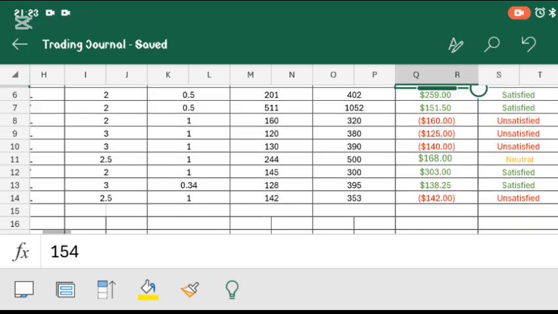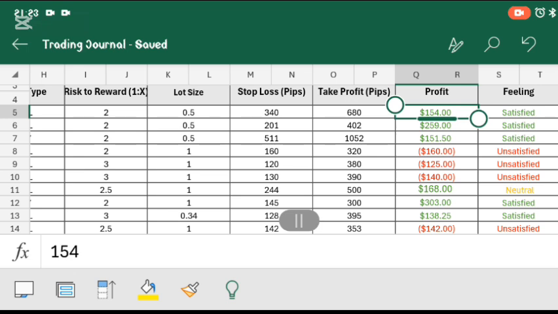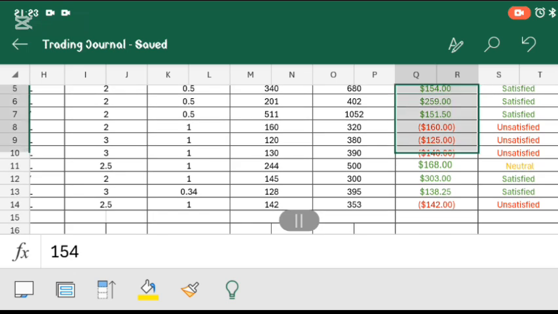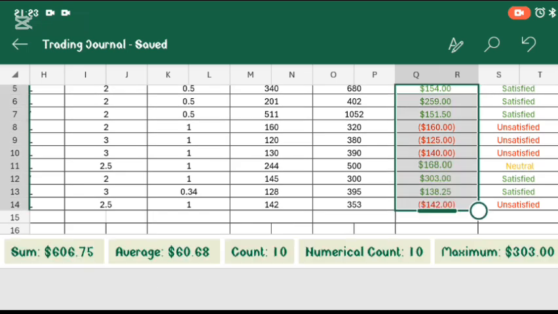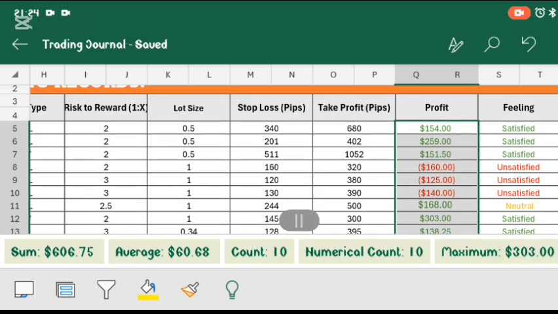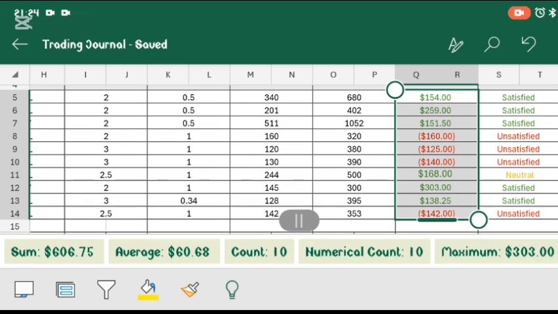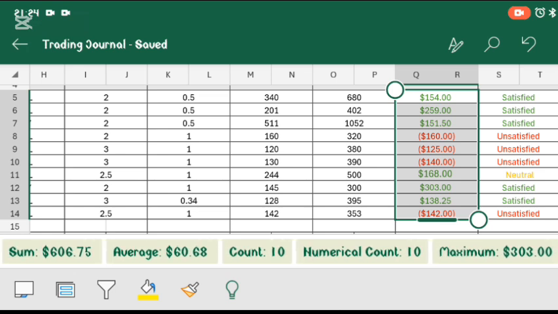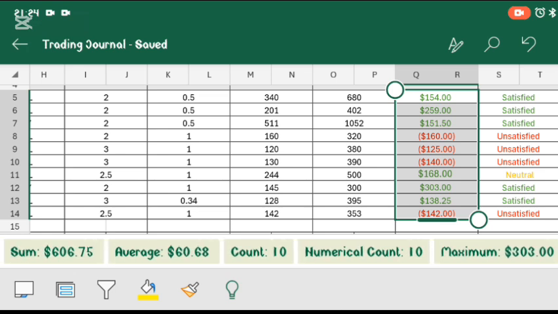So now with all of these profits and losses, if I want to calculate everything, you can see everything is about a total profit of $606. Everything here, the profit and the loss combined, will still be in profit of the $606 you've seen on the left.